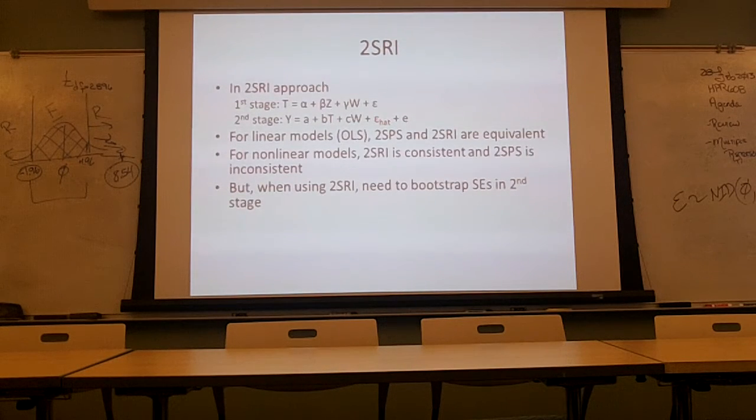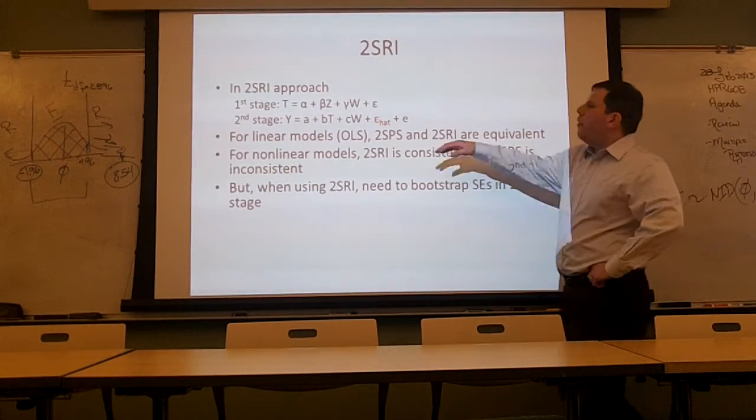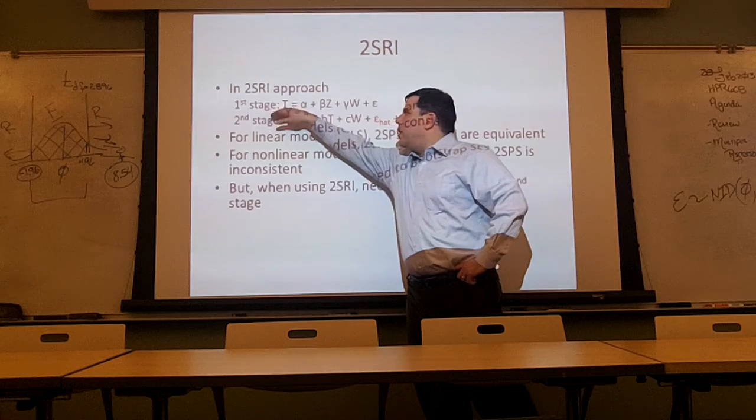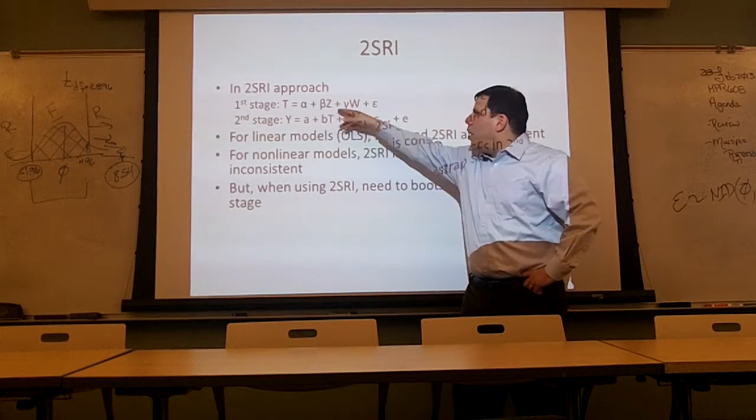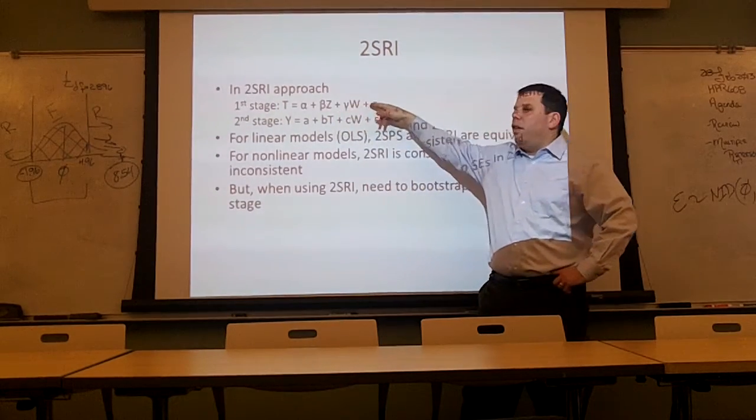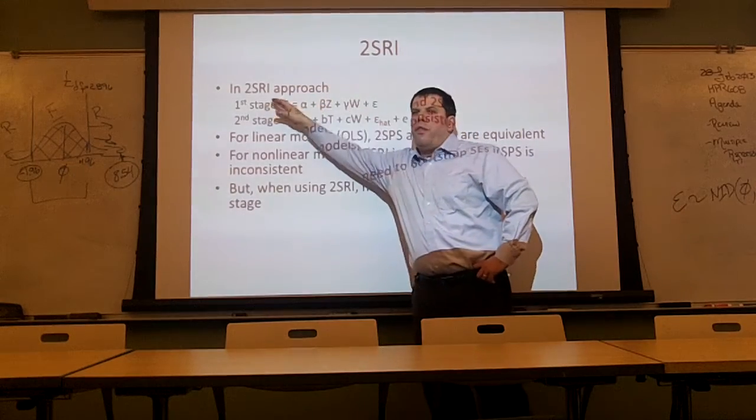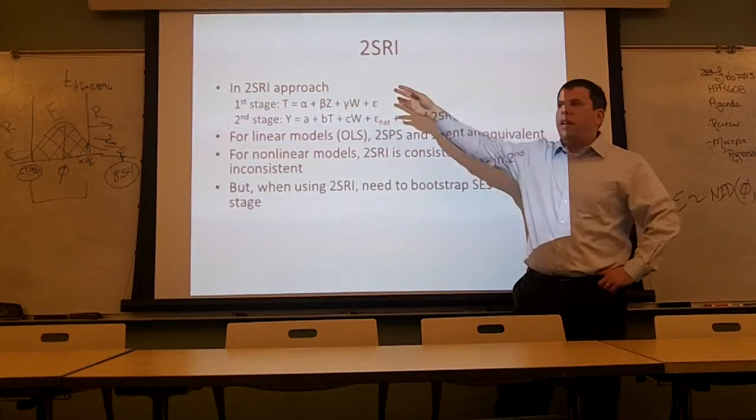What are the steps in 2SRI? They're awfully similar to two-stage least squares. Here you've got a first stage model where t is your treatment variable again, and you're regressing on your instrument and your other confounders. Same as before, except maybe you're not using linear regression in the front end.